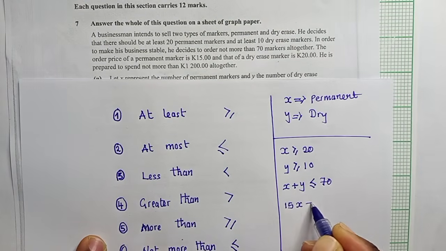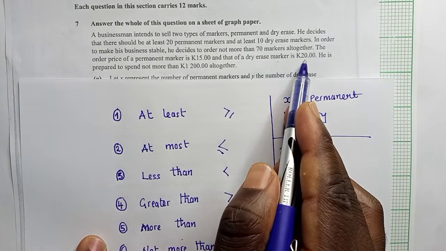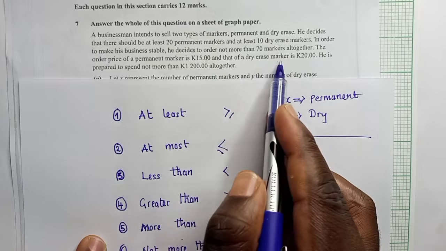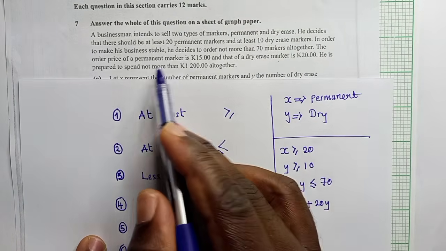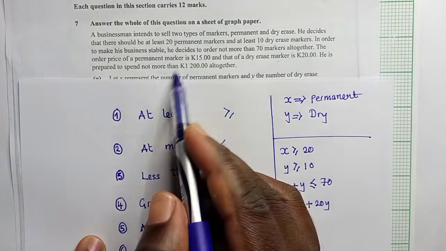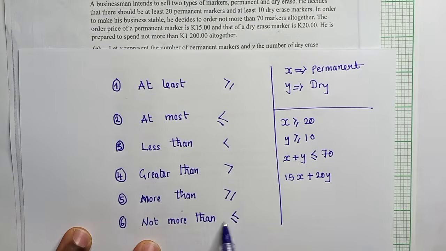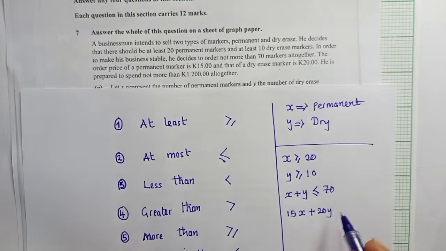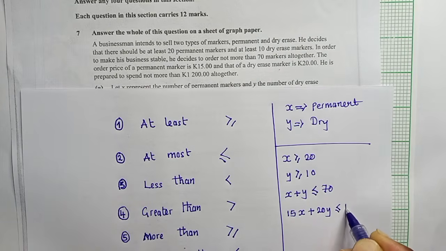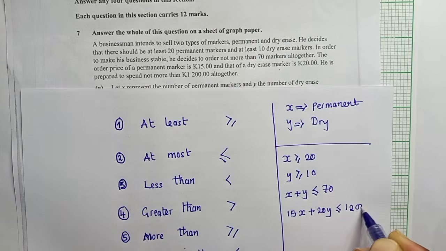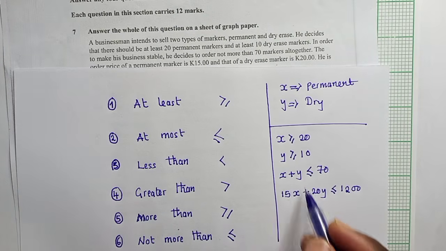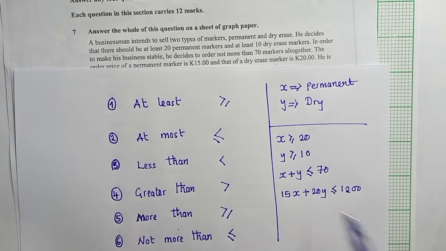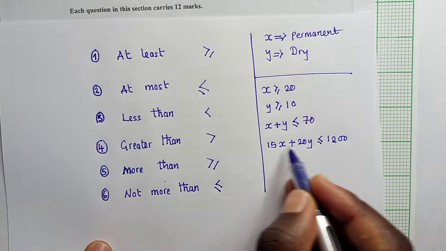So 15X plus 20, it's for dry erase markers, so we write 20Y. Not more than here, we know that not more than is less, so less or equal to 1,200 kwacha. So these are the 4 inequalities, 1, 2, 3, 4, of which this one can be reduced.